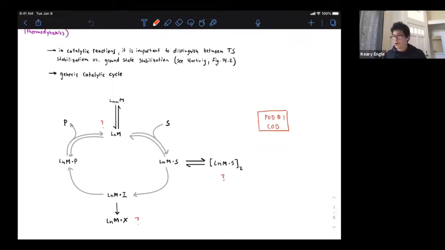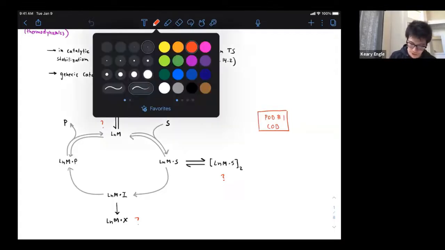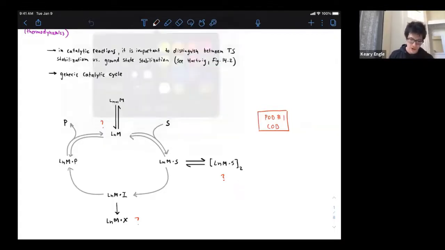So let's just take a look at this generic catalytic cycle. I took this from the Hartwig textbook, and I like it because it's generalized enough that we can make some broad statements, but actually has some specific details that I think sometimes get glossed over, and particularly in a graduate class, we want to make sure that we're talking about rigorously.